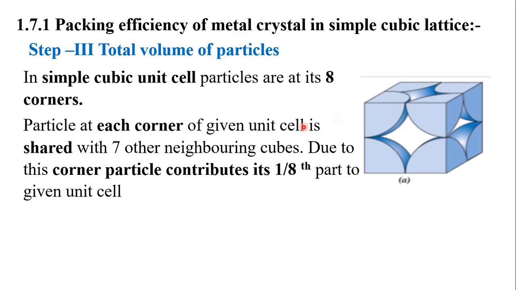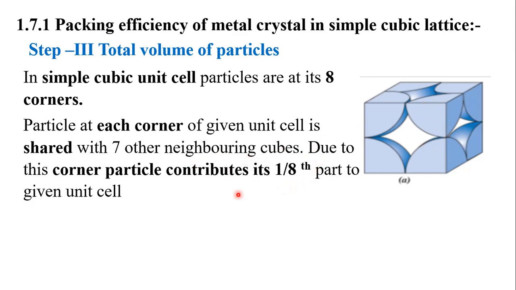And the particle at each corner of this simple cubic unit cell is shared by 7 other neighboring cubes. That means a single particle is shared between 8 cubes, that is, 7 other neighboring cubes.